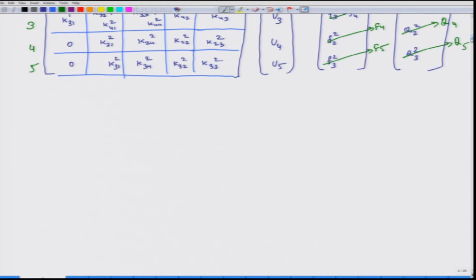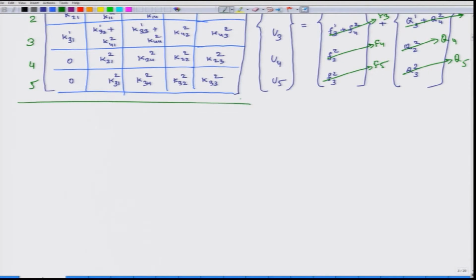We will do one more example and we will actually write down stiffness terms for another example. So, let us look at another set of elements.